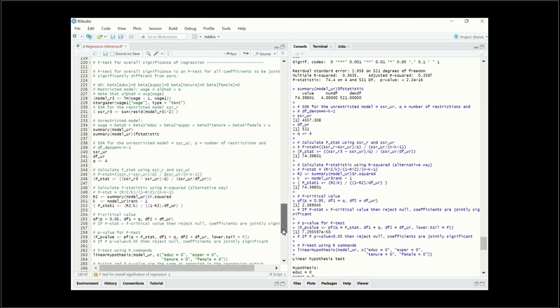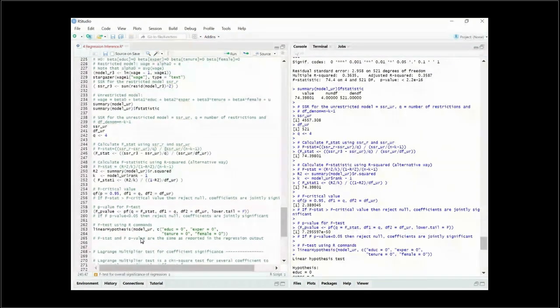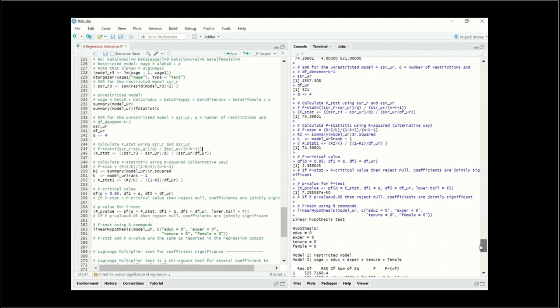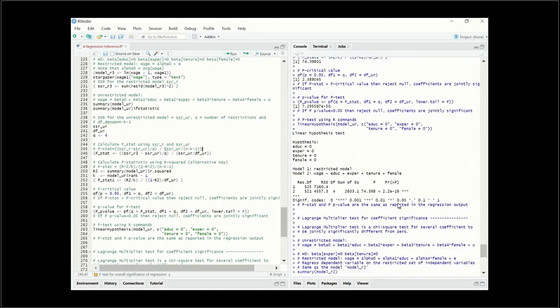If we want to use the R commands, we would be using, again, linear hypothesis using the unrestricted model. And here we would be testing if all of the coefficients are jointly significant. What we have here is the output, where we are basically seeing the same F statistic that we saw before, and this is the p-value for it.